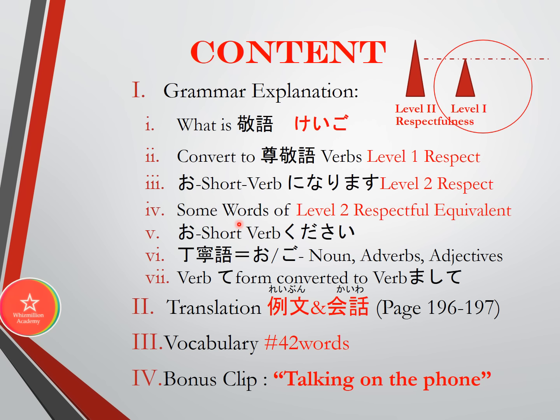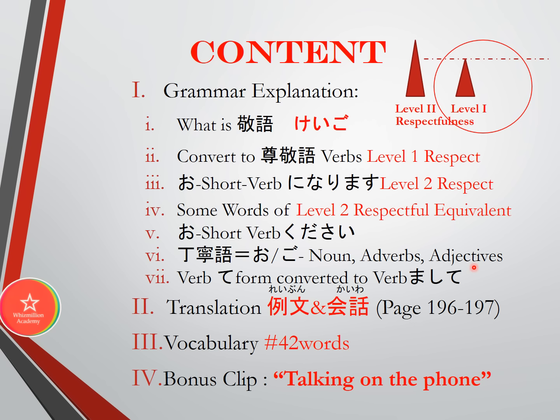Next, we will learn the grammar form for instructing or inviting someone to do something in a respectful way. This is when we use kudasai. Aside from the verb, nouns, adverbs, and adjectives can also be turned into a polite form.